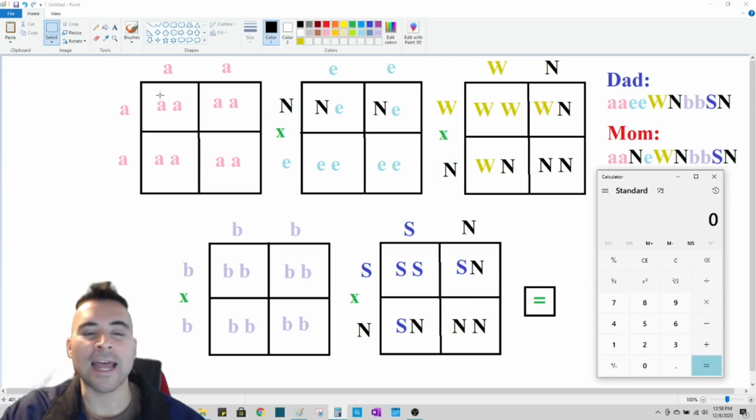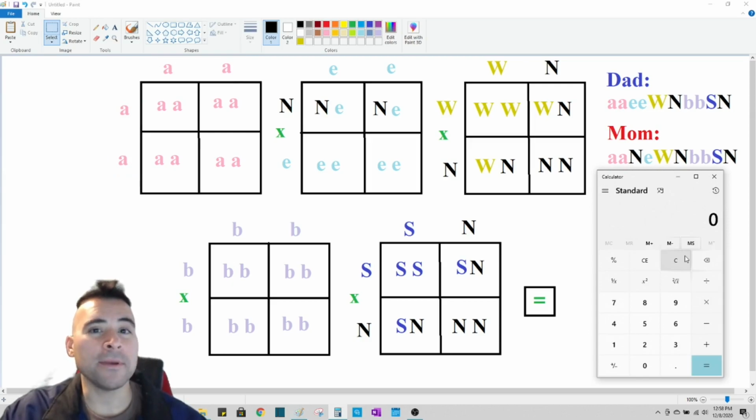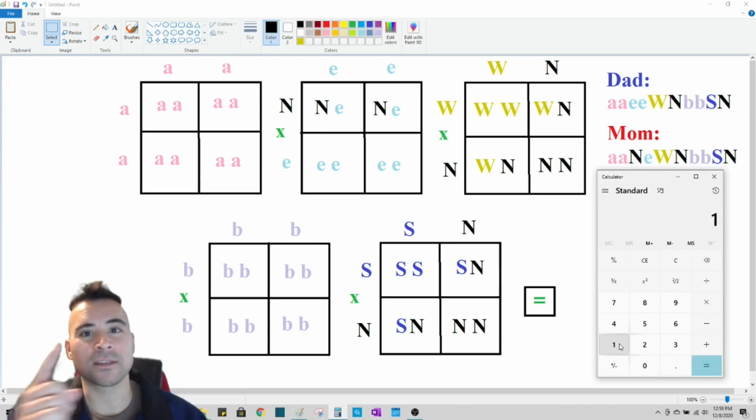Guys, what are the genetic odds of albinism passing down to the babies if the dad is albino and the mom is albino? The babies are going to be 100% albino. 100% as a decimal is actually the number 1. So the first number in our multiplication sequence is going to be the number 1.